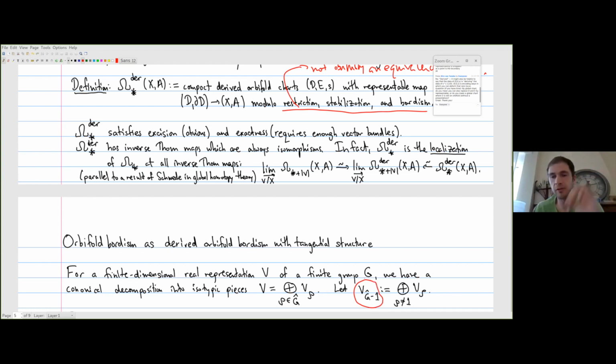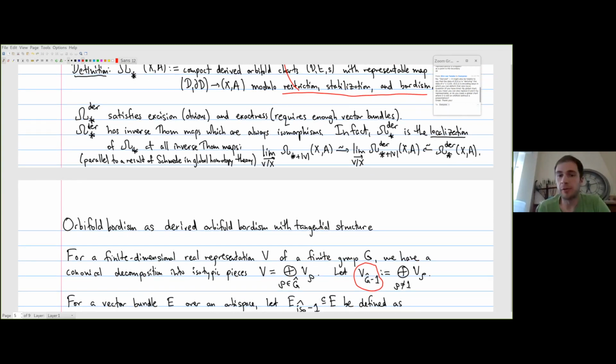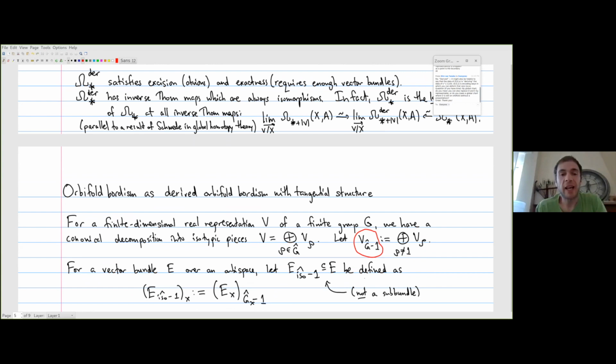So just throw away the component where G acts trivially and keep everything else. If you have a vector bundle over an orbispace, you can do the same thing with respect to the isotropy groups. At a given point X, you look at the action of the isotropy group, you take the piece on which it acts trivially, and you just throw that away. So this is not a subbundle, but it's a vector space associated to each point.